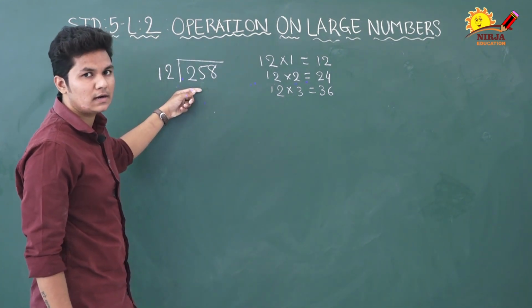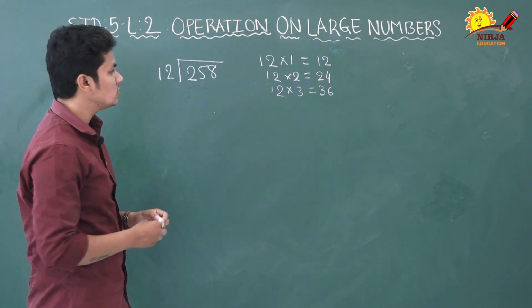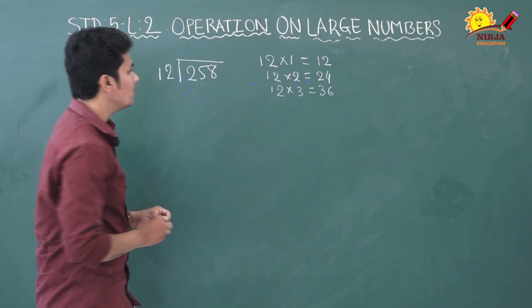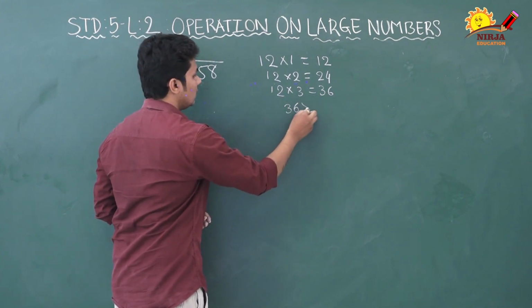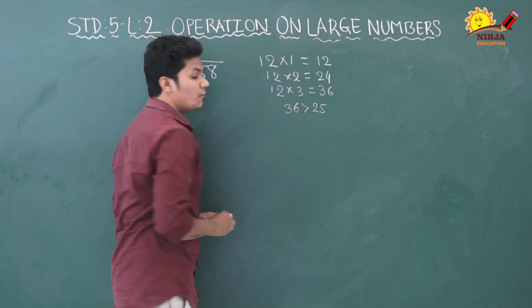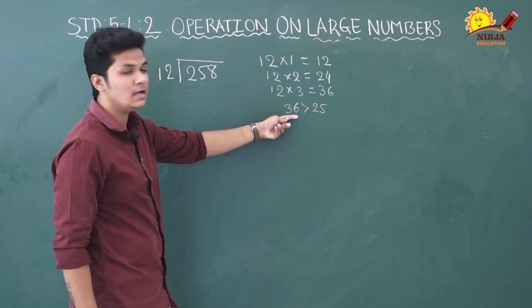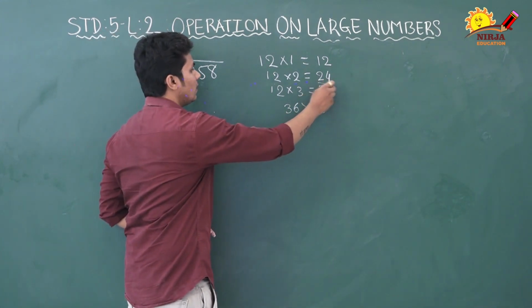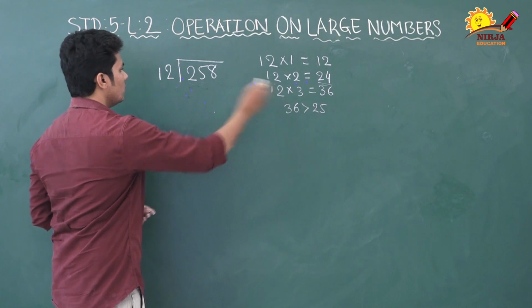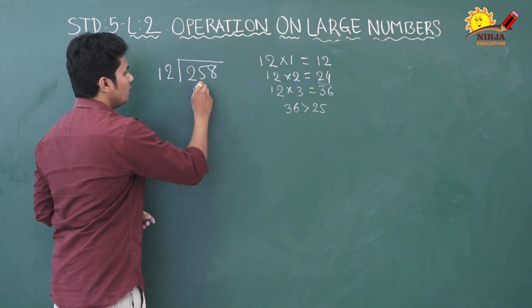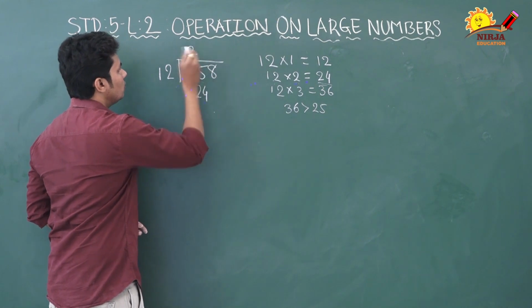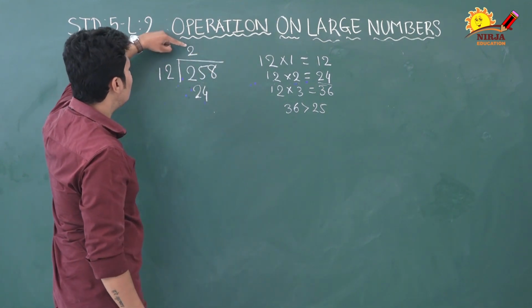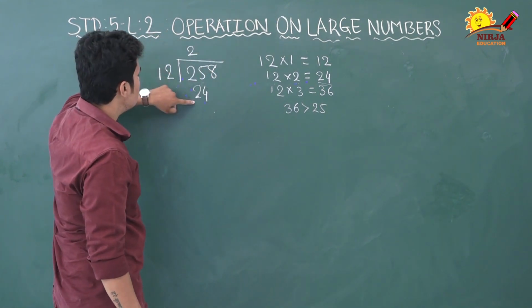The number we are going to divide, a number greater than that, we will not write. Here 36 is greater than 25, so obviously we are not going to write 36, so we will write 24, which is 12 multiplied by 2. So 12 multiplied by 2 is 24.